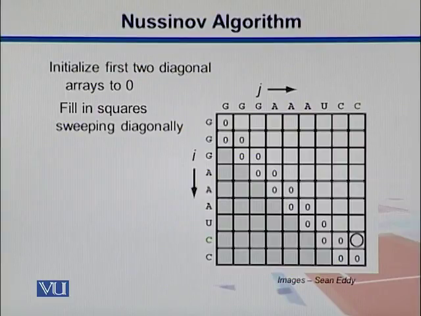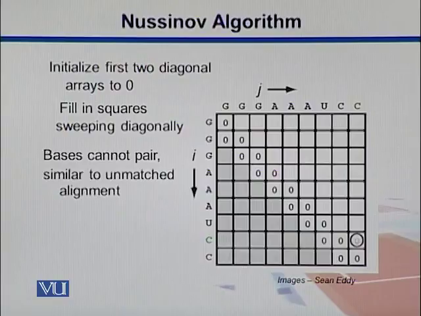So we fill in squares and we sweep diagonally. Here we start, for example, we can see that for these bases we have C and C on both sides. They do not pair with one another, so it's an unmatched pair and our score stays as 0.